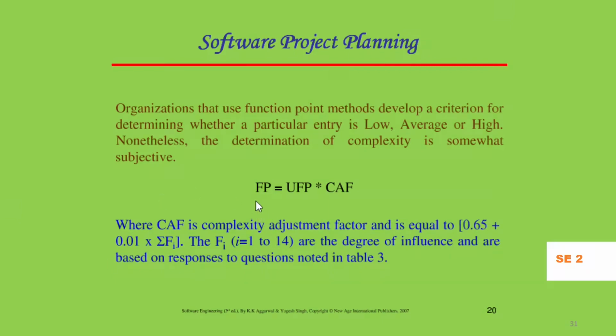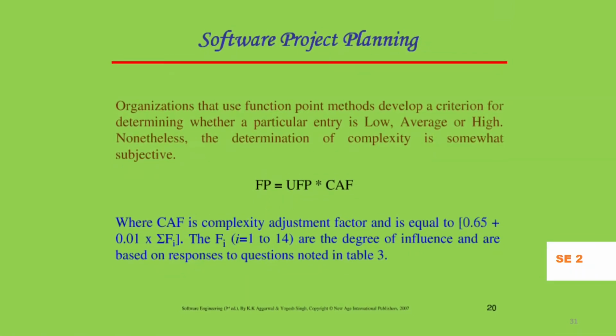To compute for the function point, it is equal to unadjusted function point times the CAF. CAF is the complexity adjustment factor.